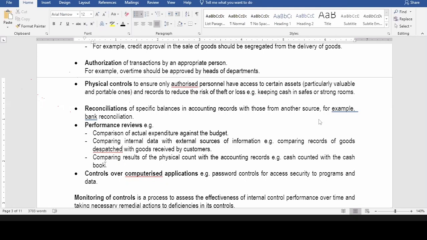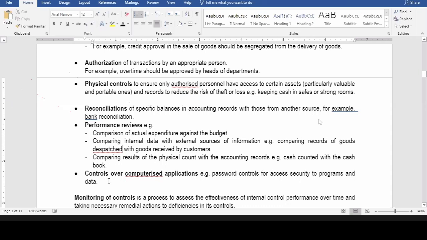That comparing is done. At times you don't even have to wait until the end of the day. It's done daily, the longest period. It ensures there is no theft of the money. If you don't do it, people will receive the money and they are likely to steal it. Of course, there are also controls over computerized applications, like password controls for access security.